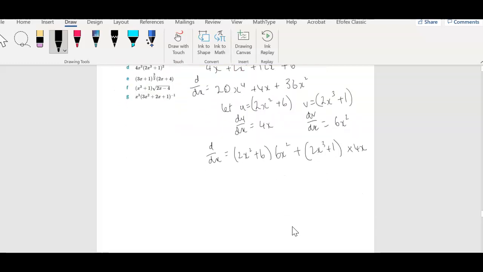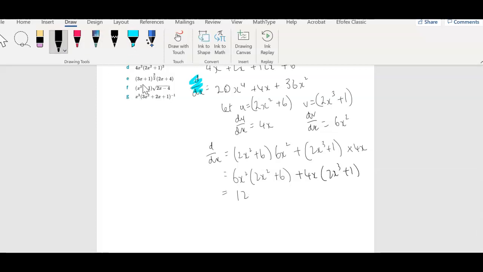All right, let's just tidy things up a little bit. So I've got 6x squared, 2x squared plus 6, and then plus 4x, 2x cubed plus 1. Now, we can easily expand these brackets. So I'm going to go ahead and do that so that we can see we get the same answer as we did up here.